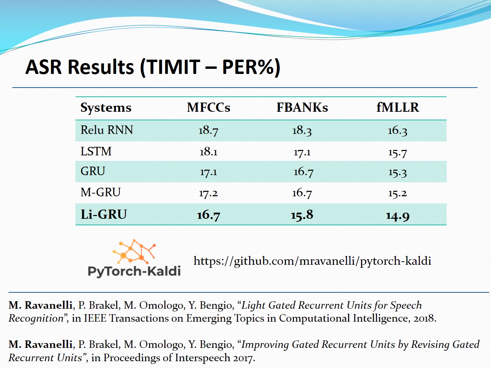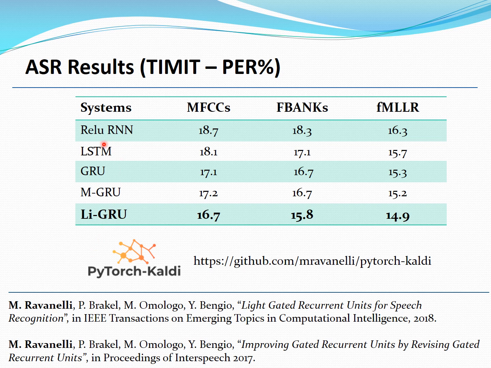Okay, results. In this last slide, we report the performance, the phoneme error rate, that we have obtained using the TIMIT dataset. Of course, in the paper, we have extended these results to larger datasets like Wall Street Journal, DIRHA, CHiME4, TED Talks, LibriSpeech, and if you would like to take a look into the full set of results, I will strongly encourage you to read our two papers on this topic.